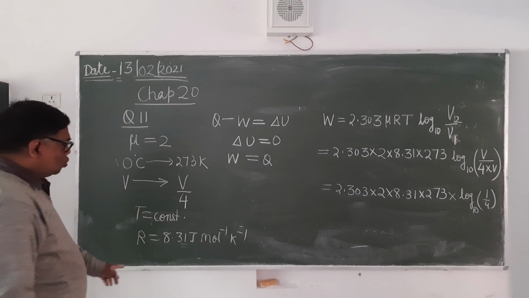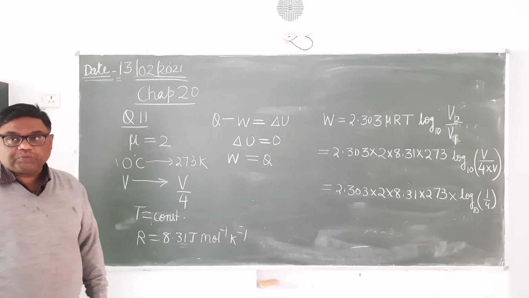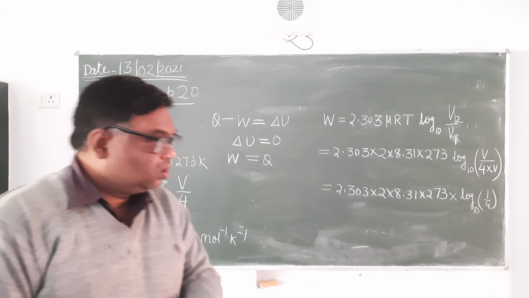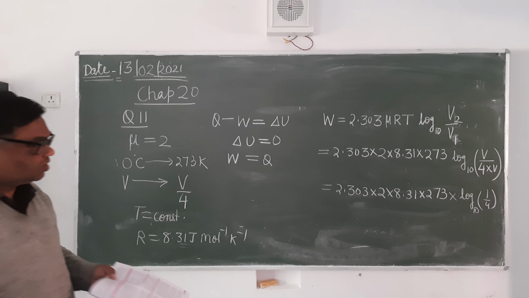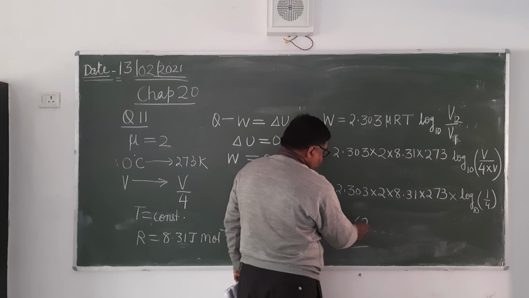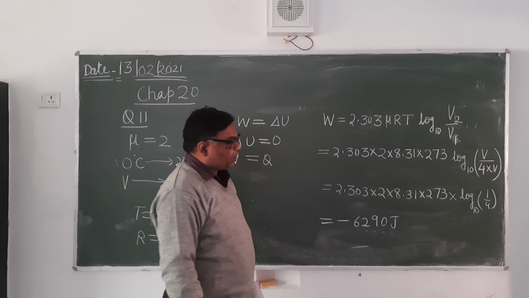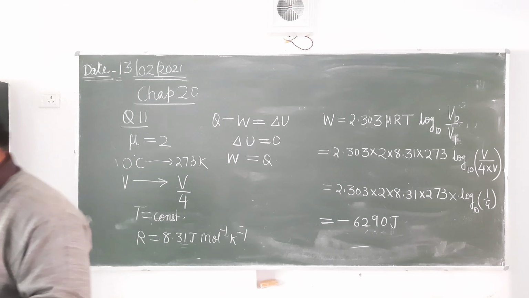Answer will come in joule because R is in joule per mole per Kelvin. You can do it by calculator. So it will be minus 62902. And why will it be minus? Because log 1 by 4 will come out negative.